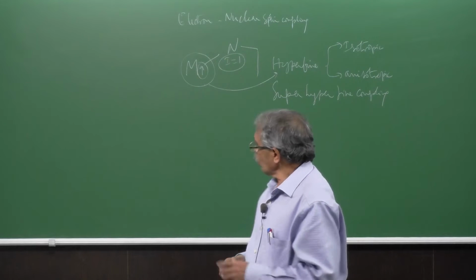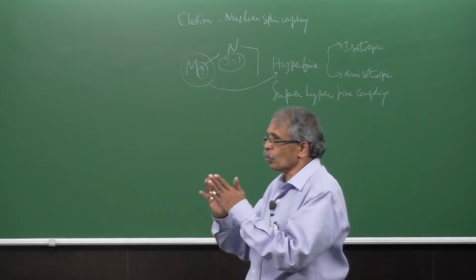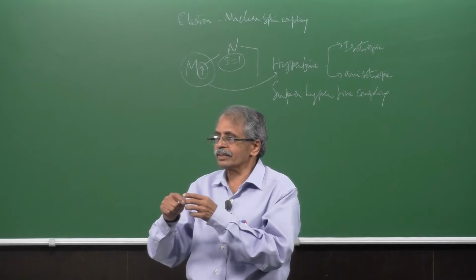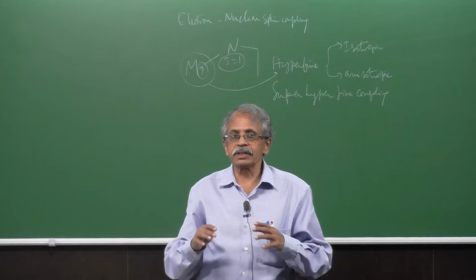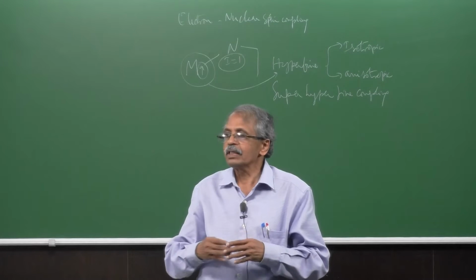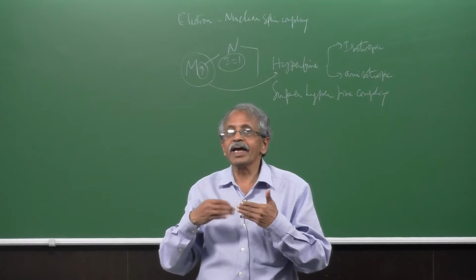Okay. So now you have the electron and you have the nucleus, and what is required is the electron density of this unpaired electron, whatever you are looking at for the EPR, its density felt at that nucleus in terms of the s orbital character. That means you need to see whether that particular orbital of the unpaired electron has any kind of s character.